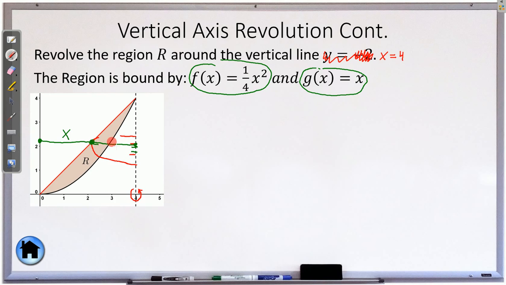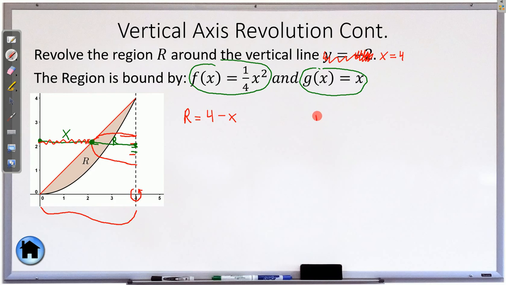So how do we get this? That's going to be big R. How do we get that value? Well, we again do big minus small. So what is the big value? Well, the big value is the distance from here all the way to the end, which is 4. Minus, we want to get rid of all of this, and so that will just leave us with the radius we want, so it will be 4 minus x.